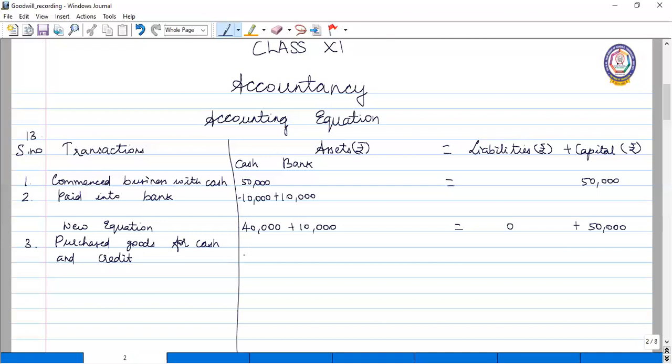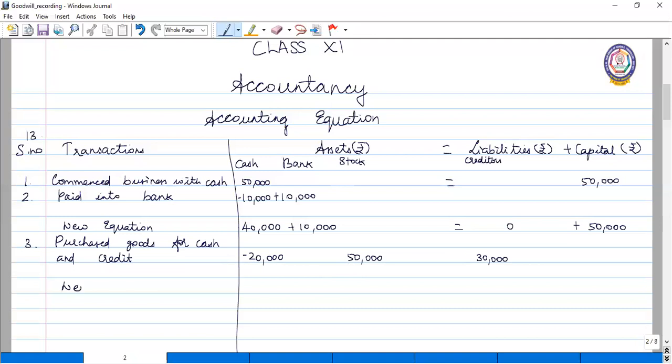So we are paying 20,000 and we purchase goods and we owe 30,000 for the purchase of goods. So totally the stock value is 50,000. A part we have paid and a part we are supposed to pay. Okay, so this is our creditors, right?